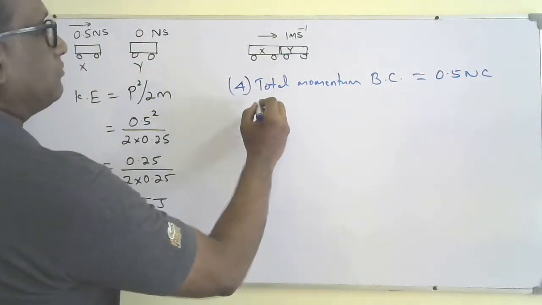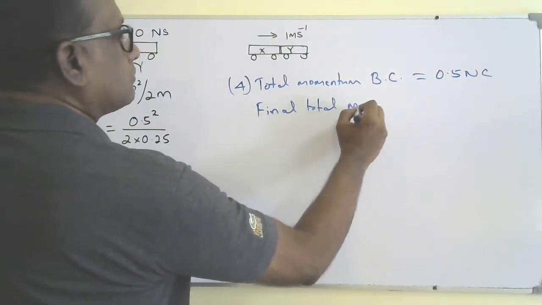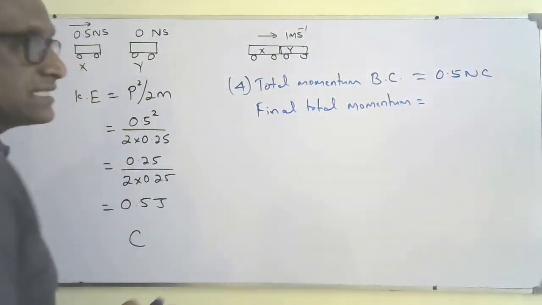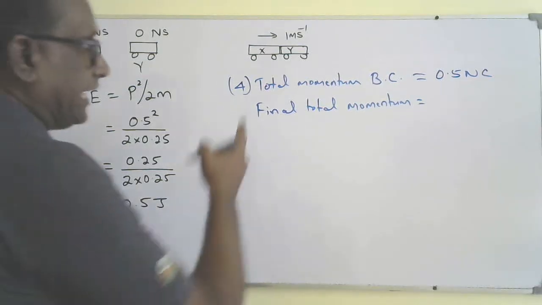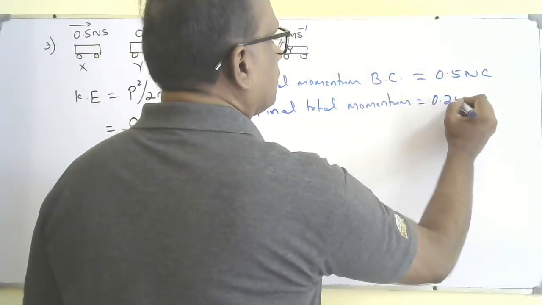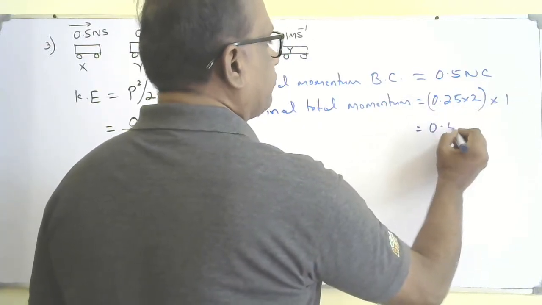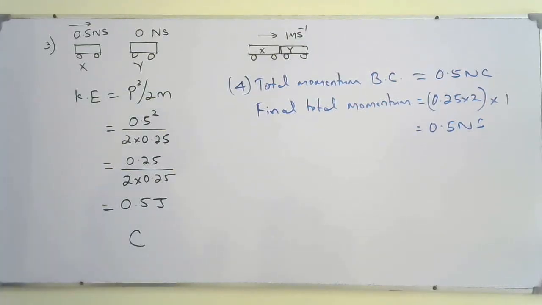Final total momentum, or after collision, the mass is given 0.25. So total mass 0.25 into 2, times velocity 1, gives 0.5 Newton second. So momentum is conserved in this collision.